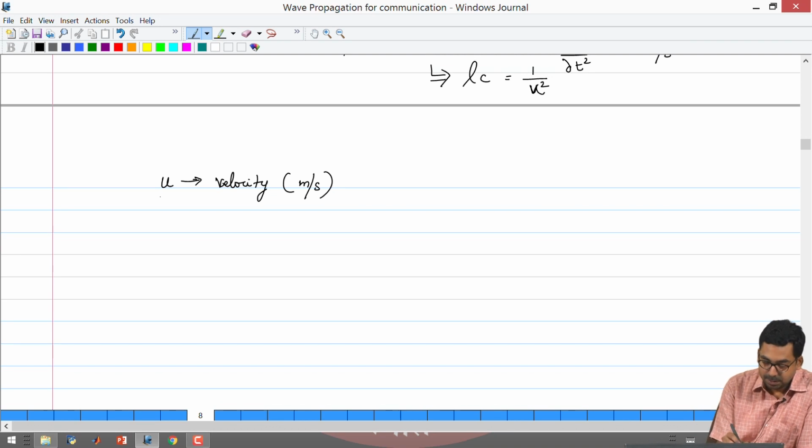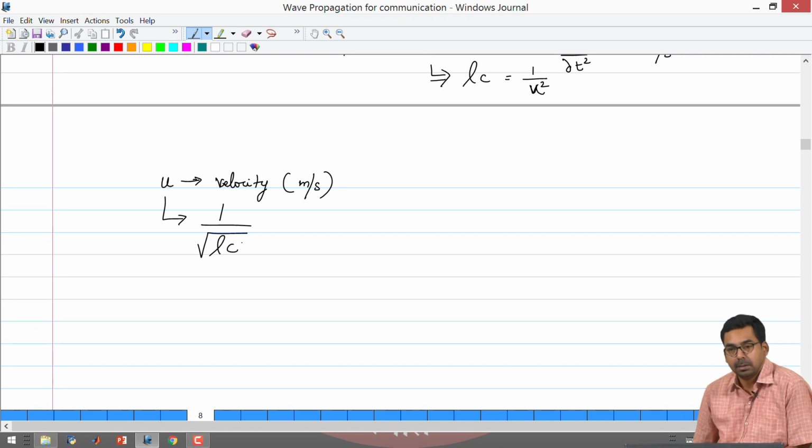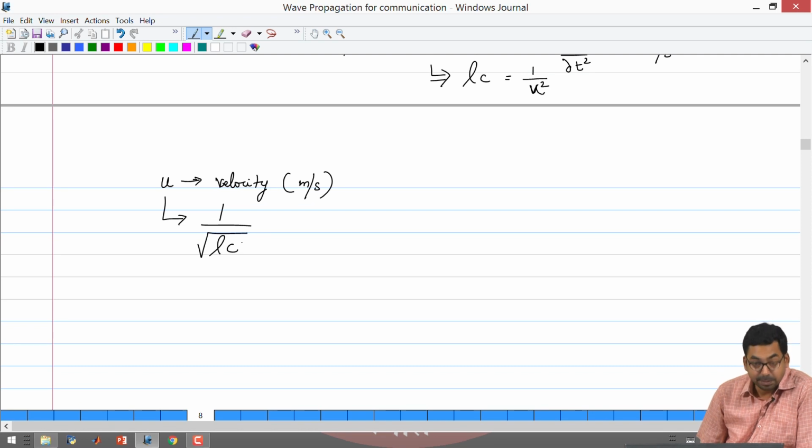So, this u now corresponds to 1 by square root L C, and 1 by square root L C seems to be having the units of velocity or meters per second. We would not have thought about it at first glance, because L would have been described in henries per meter and capacitance would have been in farads per meter, and 1 by square root L C is turning out to have a unit of velocity which is in meters per second.